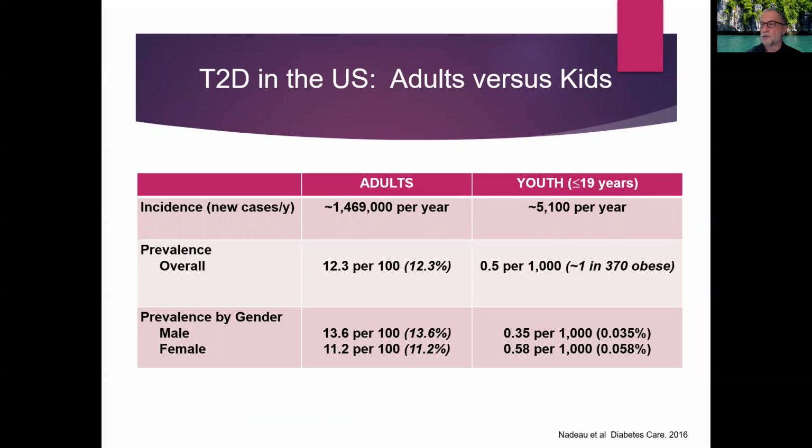Occurring in about 2 million new patients a year in the adult population, whereas in youth, despite what many people have called an epidemic and what is truly a drastic increase in the amount of type 2 diabetes, this remains a somewhat rare disorder with an estimate of about 5,000 new cases of type 2 diabetes in the US per year, with a total US population of between 250 and 300 million people.